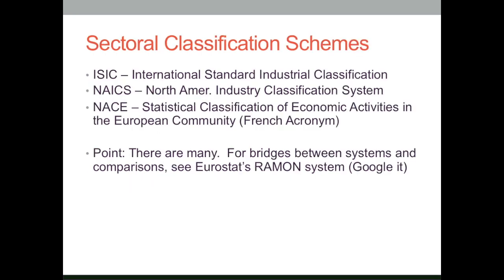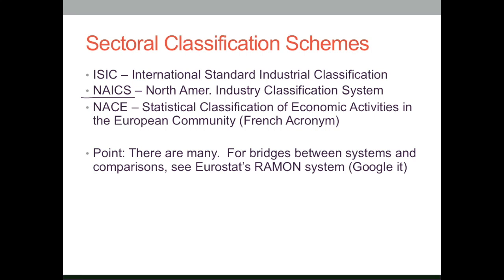There are many different schemes or ways to partition the economy into sectors. I'm not going to get into this in detail, but know that NAICS is the one that the BEA, the Bureau of Economic Analysis, uses. I'm not going to get into the details between all of these schemes.